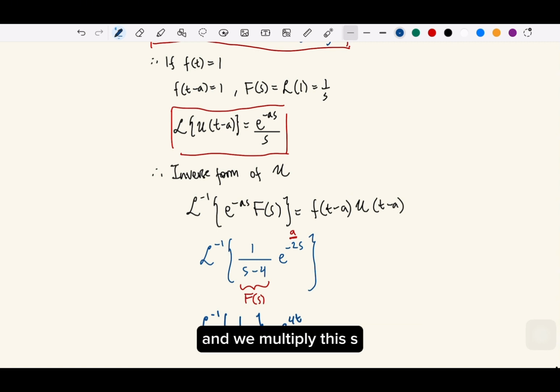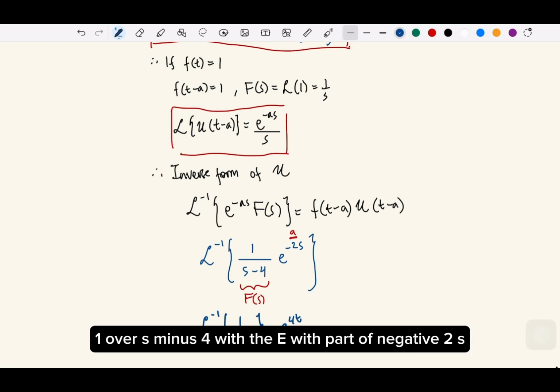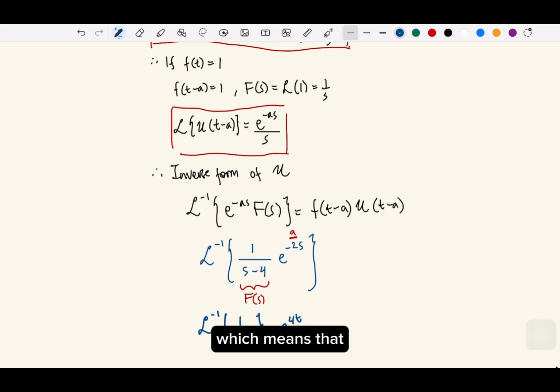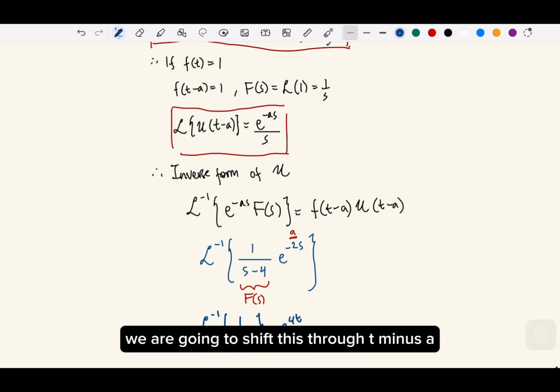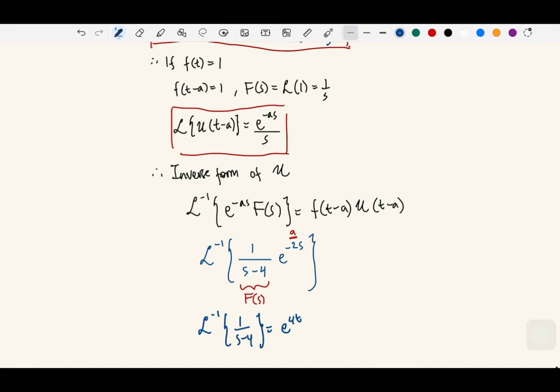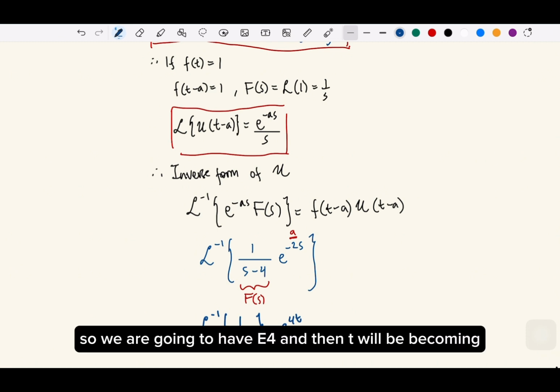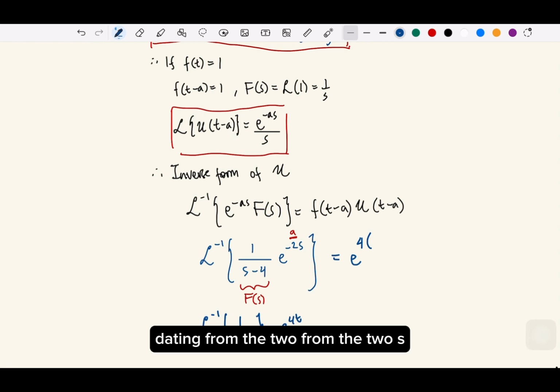And we multiply this 1 over s minus 4 with e to the power of negative 2s, which means that we are going to shift through t minus a. So we are going to have e to the 4, and then t becomes t minus 2, taking the 2 from the 2s, and then the Heaviside of t minus 2.